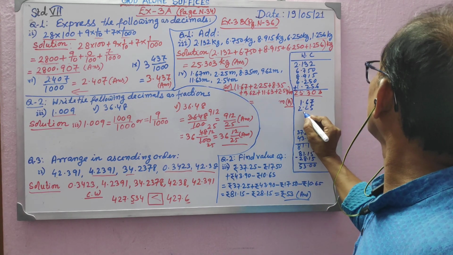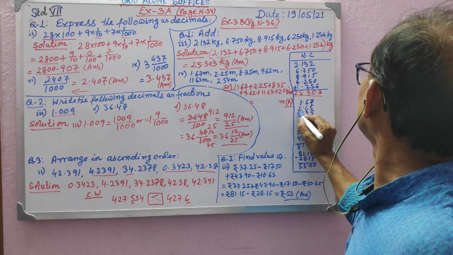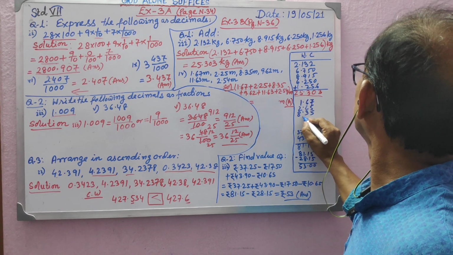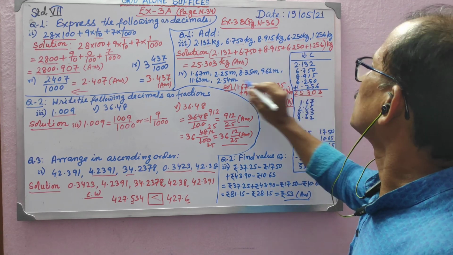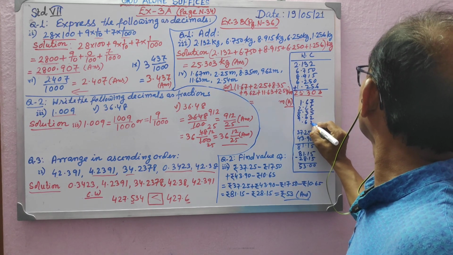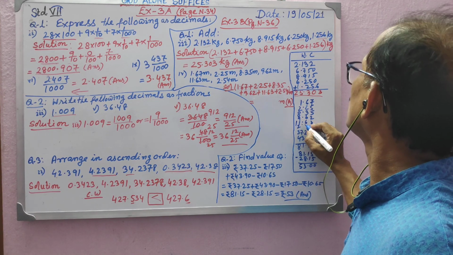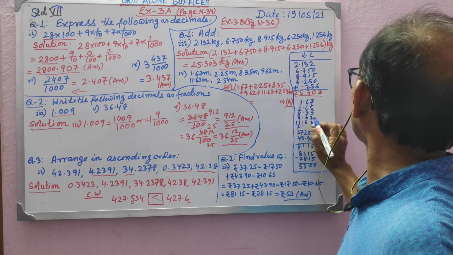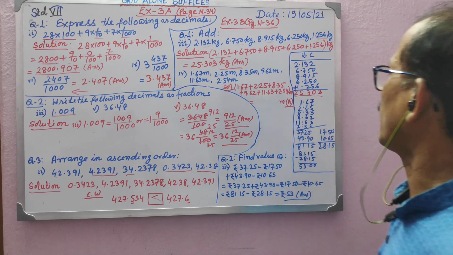And next again you put the point, then 3 and 5, then 8. Then you put point 6, 2, then 9. Then you put point 6, 3 here. Then 2, then 5, 4, sorry, 5, 4. Now you add.